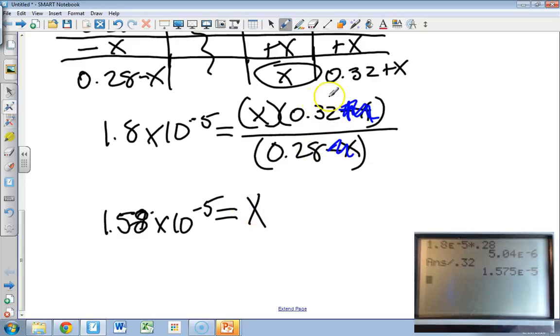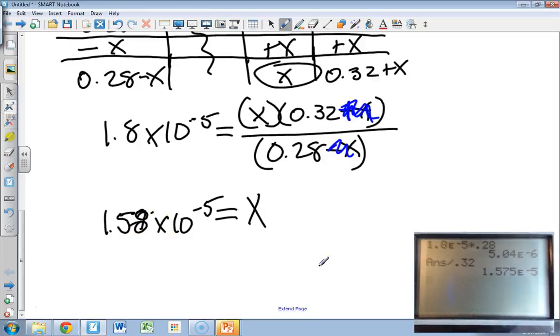That's because this ratio here is still close to 1 to 1. When we think about buffers, this ratio is the important ratio, the ratio of the acid to its conjugate. And because that's still close to 1 to 1, this is still close to what we get.